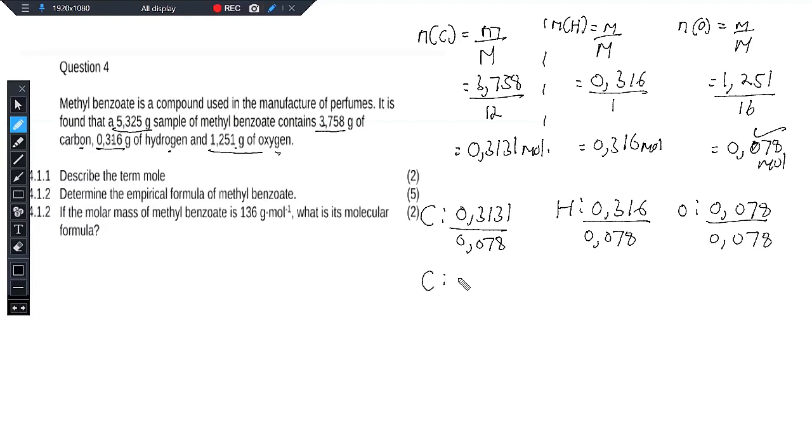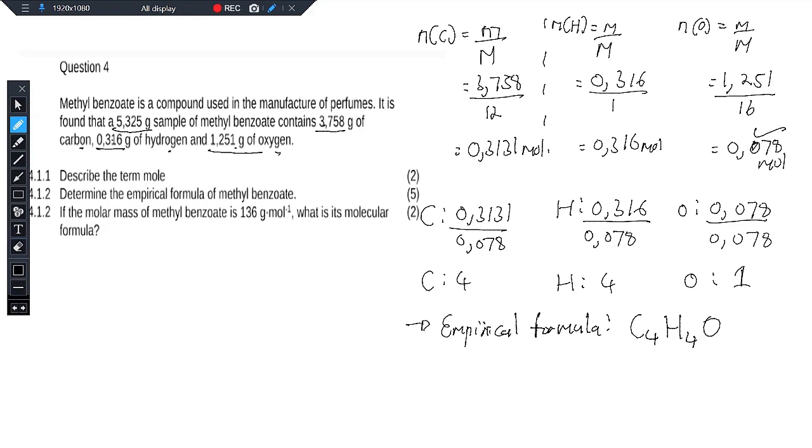Then when we punch that into our calculator, we get 4, obviously rounded off to the nearest whole number, and then for hydrogen 4, and then this one is obviously 1. So then our empirical formula is supposed to look like this. Hashtag I'm not an English teacher. Then empirical formula is C4H4O, right?